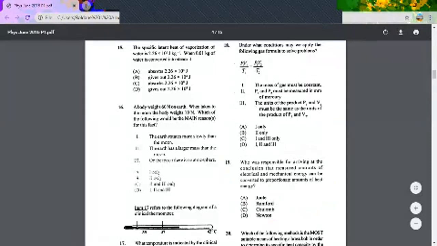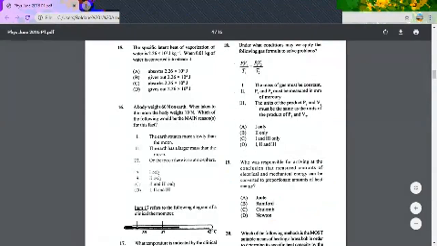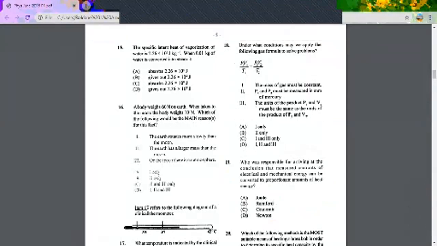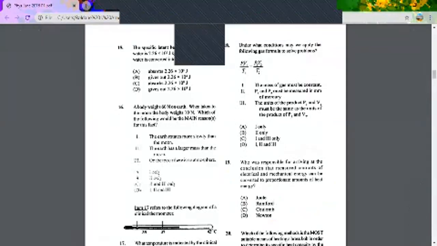So number 15, specific latent heat of vaporization of water is that number right there. When 1 kilogram of water is converted into steam, would it absorb or give off energy? For it to be converted from liquid to steam, to gas, it would have to absorb energy.